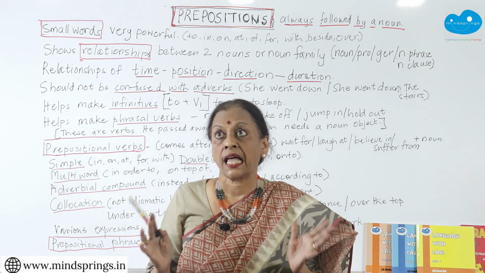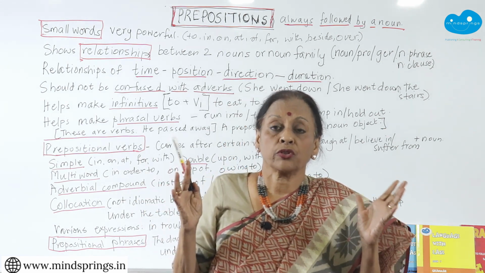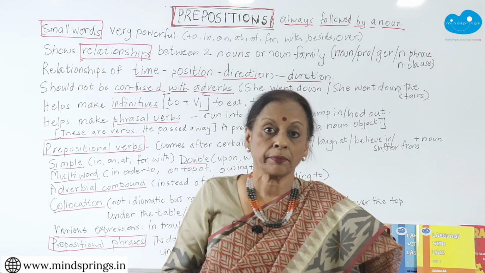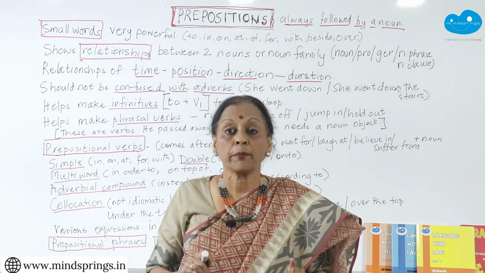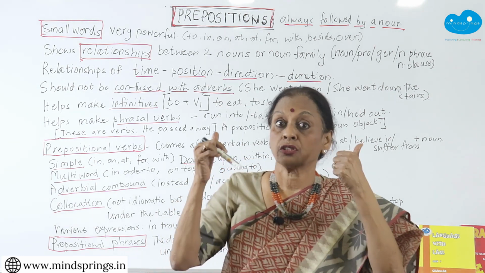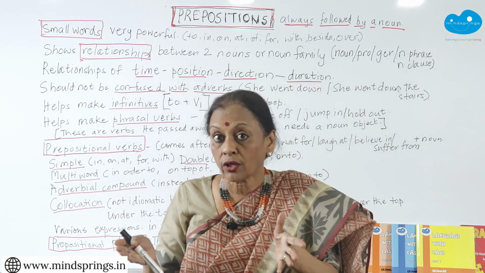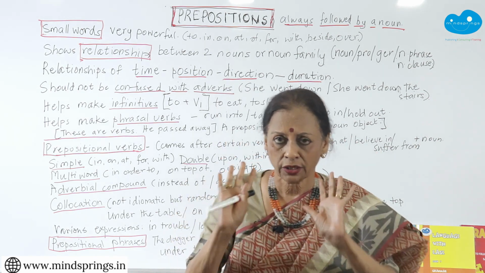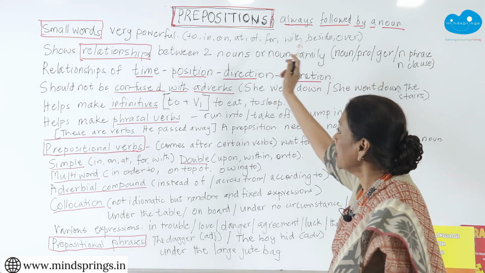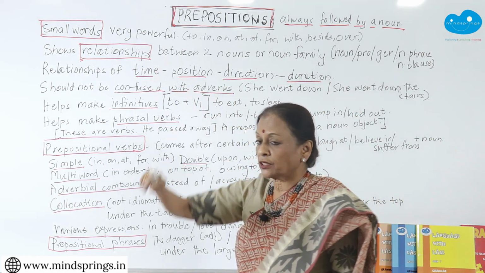This is the identity of a preposition. You must never forget it, because a lot of the other parts of grammar become easy if you remember that the preposition is the ruler of a noun, or that the noun always follows a preposition. So, this is something to remember. Now, what relationships does it show?